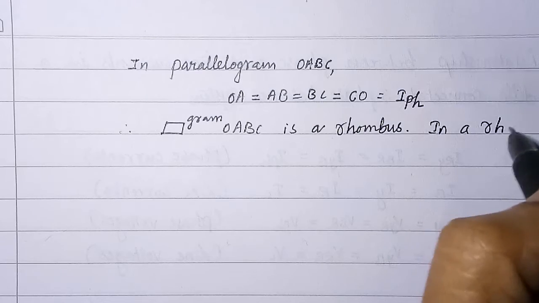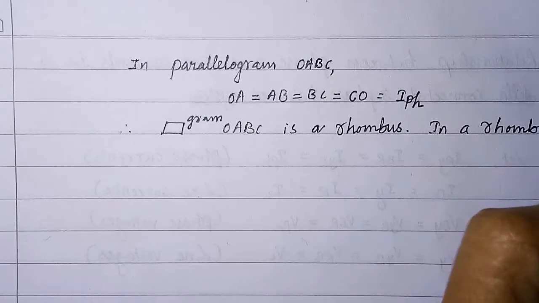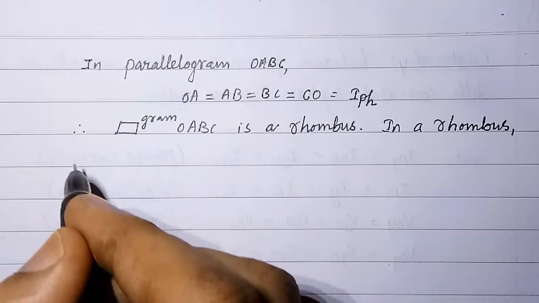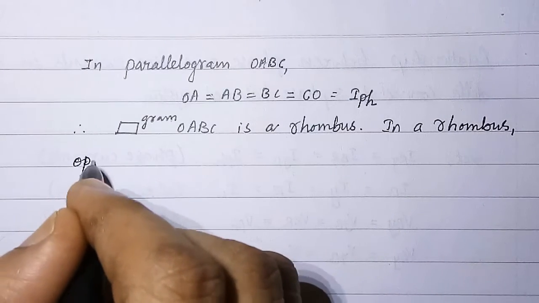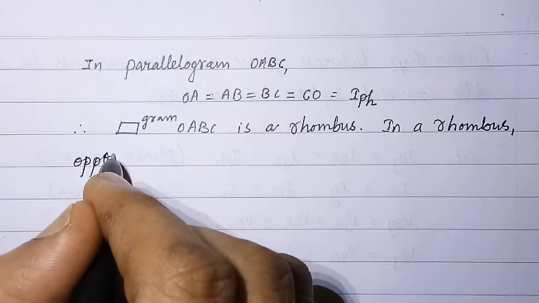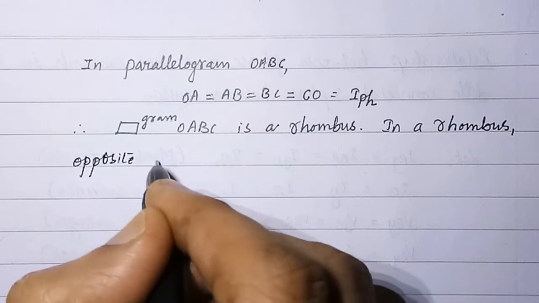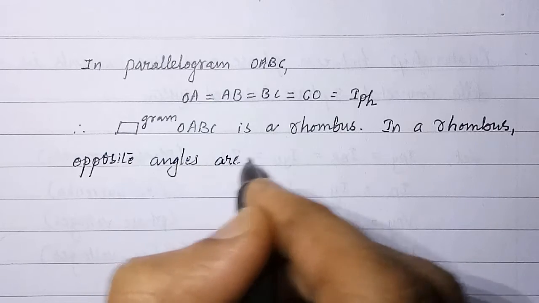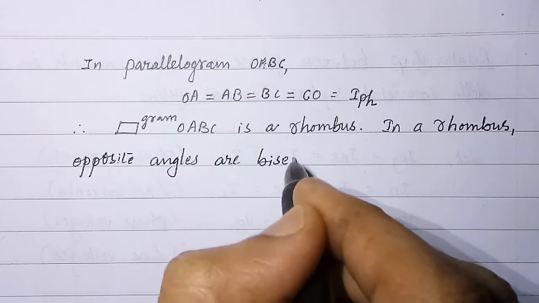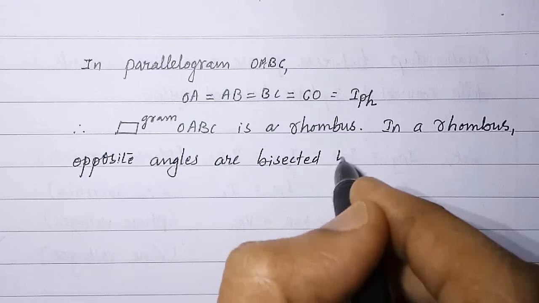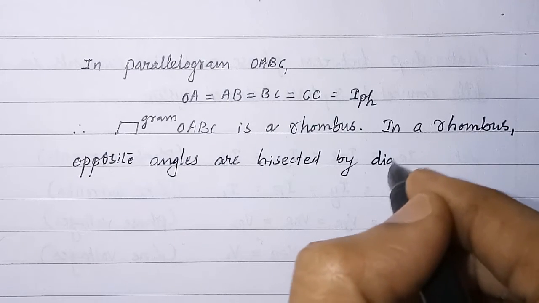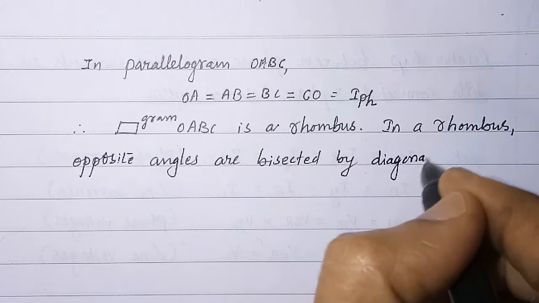In a rhombus, opposite angles are bisected by diagonal.